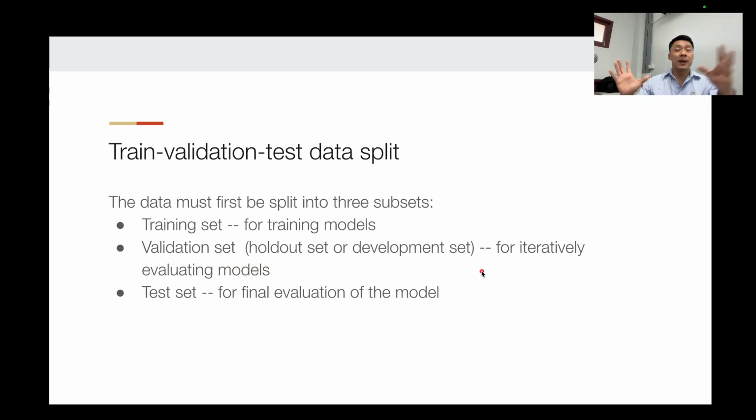It just depends on who prefers what. I like dev set because it's short, I don't say development set, I say dev set. But if you say holdout set or validation set, it's good too. Sometimes they just make it val set, val as in validation. So you might see that as well. But these are the same thing.